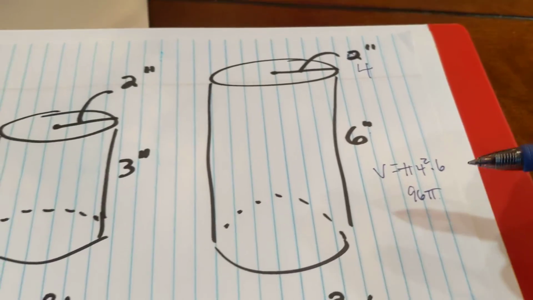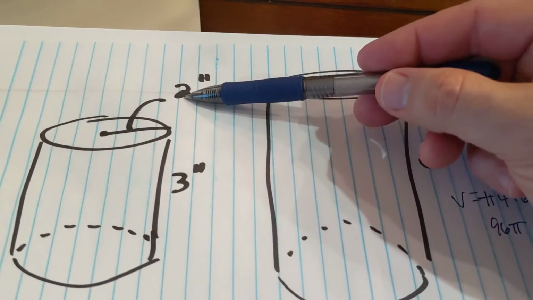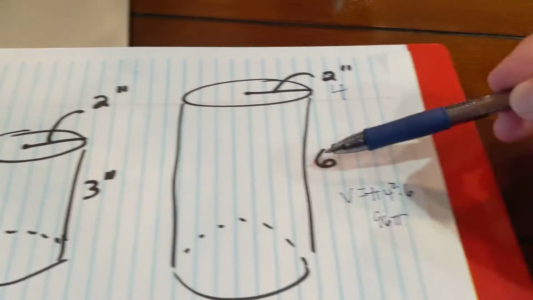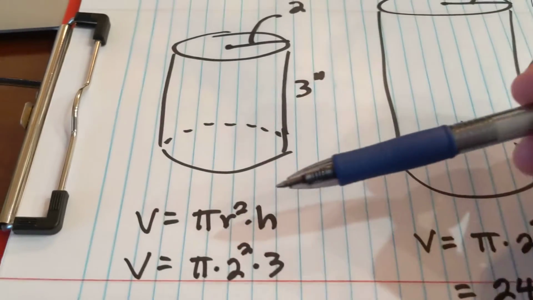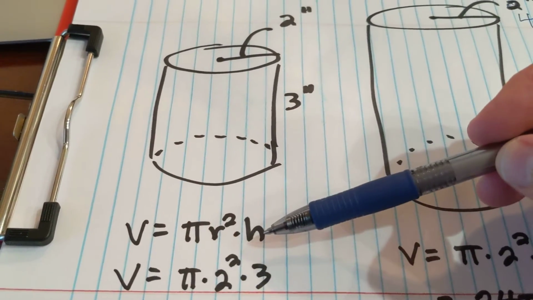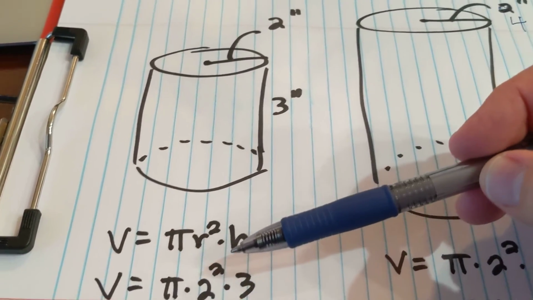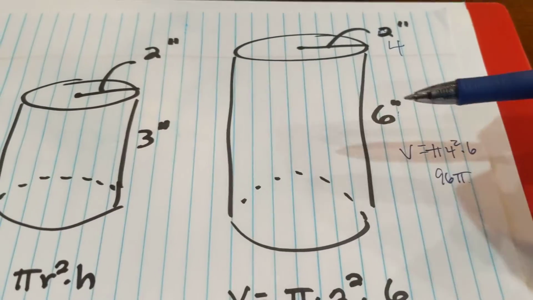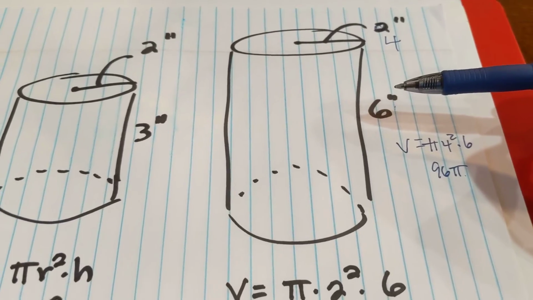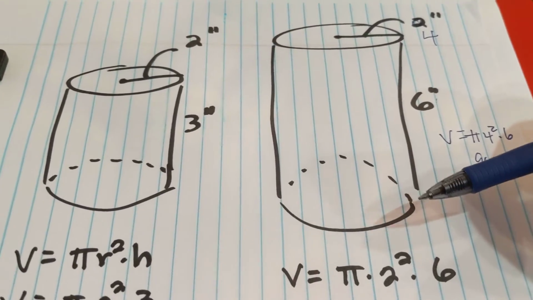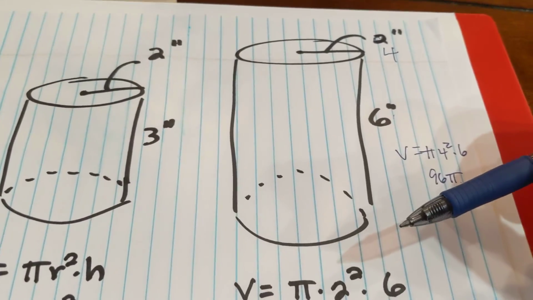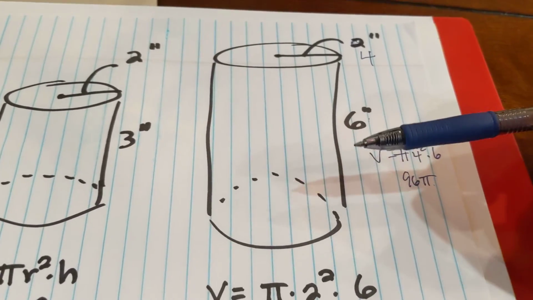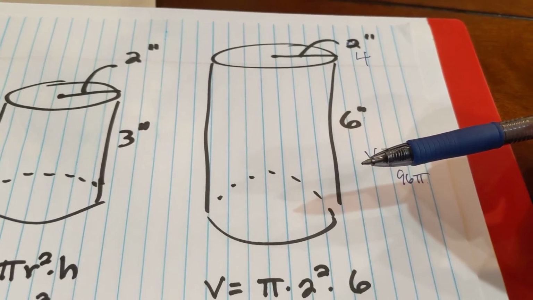But here's the shortcut. If I changed all of the dimensions, the radius and the height, and in the formula you only have radius and height, those are the only dimensions you have. If both of those dimensions are twice as big, and they are, then because volume is a cubic measurement, this one's going to be 2 cubed bigger. 2 cubed is 8. Did you catch that?